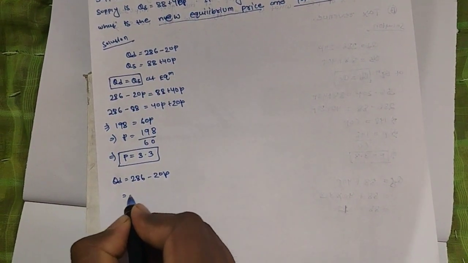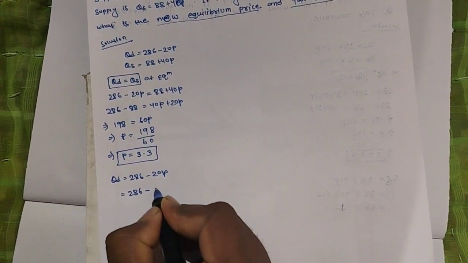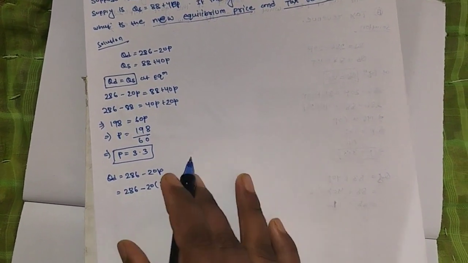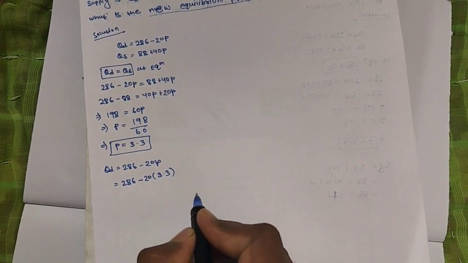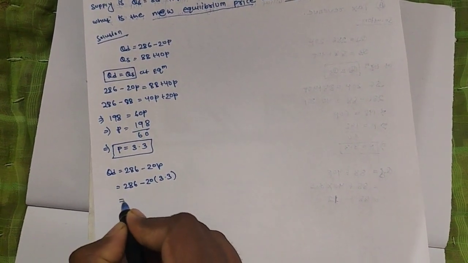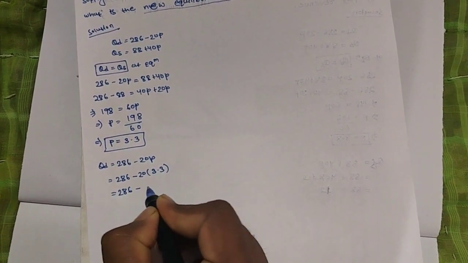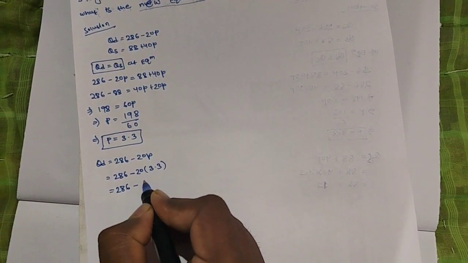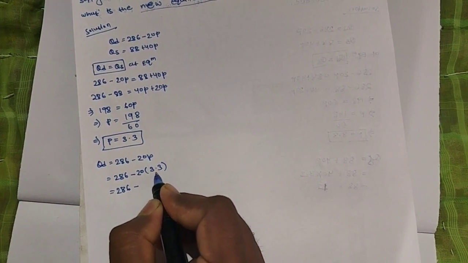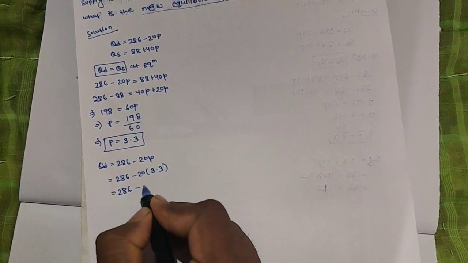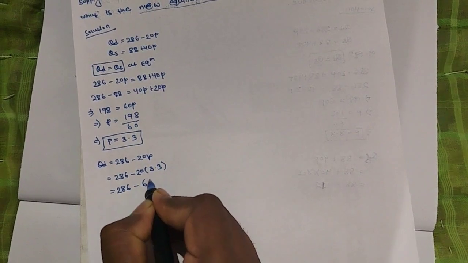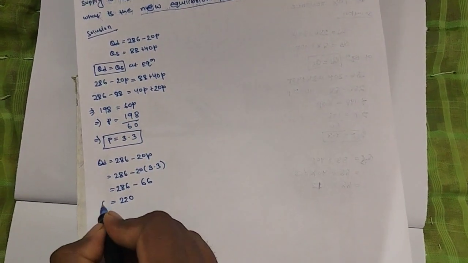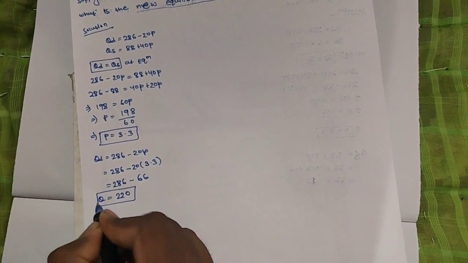Putting the value of price, 286 minus 20 multiplied by 3.3, this is 66, and we get 220. This is the original quantity.